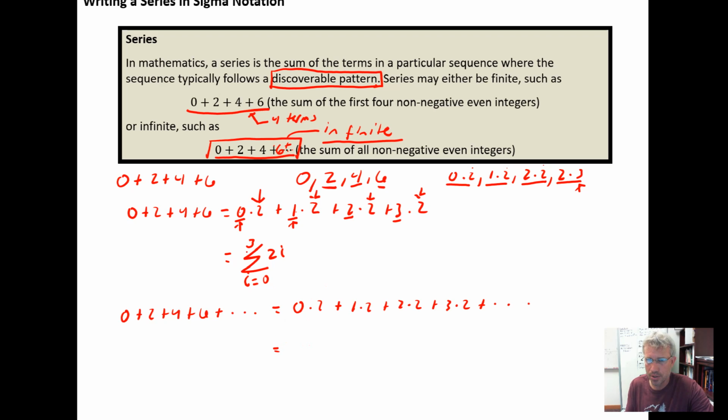So if I represent this using sigma notation, I'm going to say, hey, I'm incrementing starting at 0. So I'm going to go from i equals 0, but it doesn't stop. So it's going to go from 0 to infinity, but the pattern is still going to be 2 times the index i. So this is an infinite series. This is a finite series.